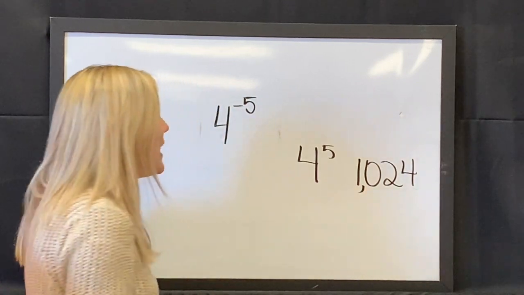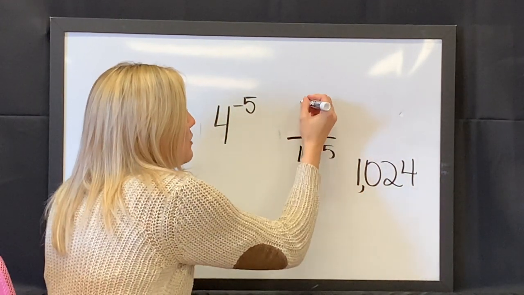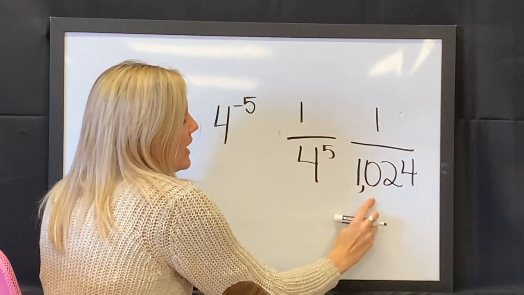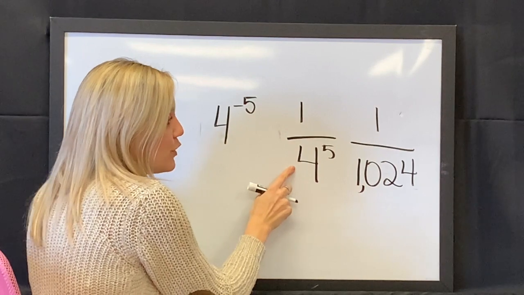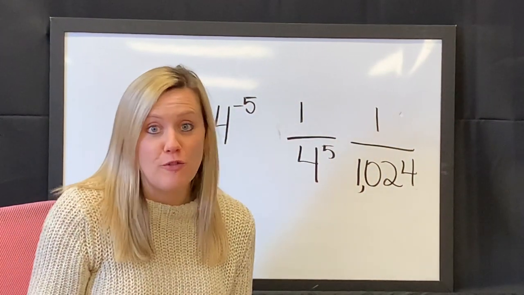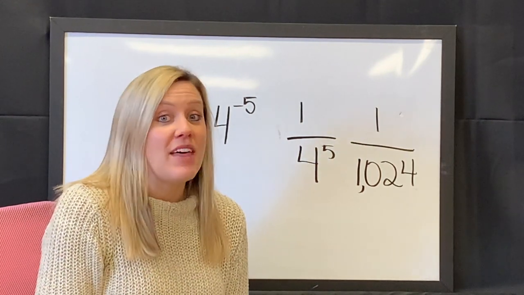Now like I said earlier, that negative exponent means division, so we're going to write it in the denominator. So either one of these would be the right answer: 1 over 4 to the positive fifth, or 1/1024th, like a fraction.